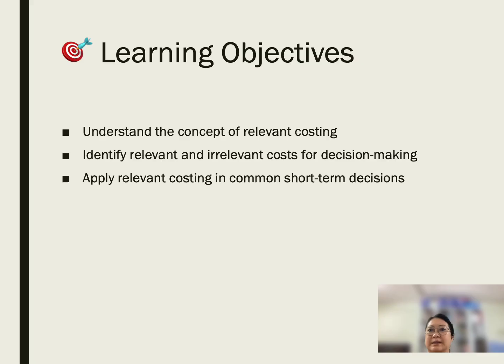At the end of this lesson, you should be able to understand what relevant costing means, identify relevant and irrelevant costs, and apply the concepts to short-term decisions such as special orders or outsourcing.